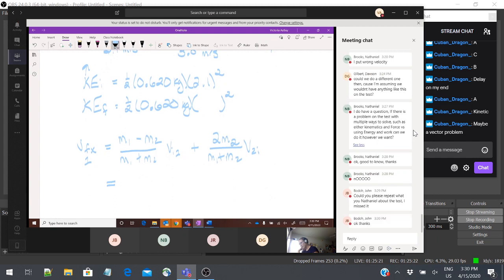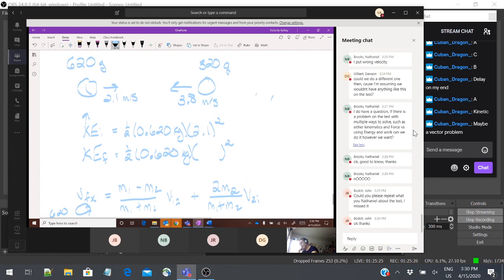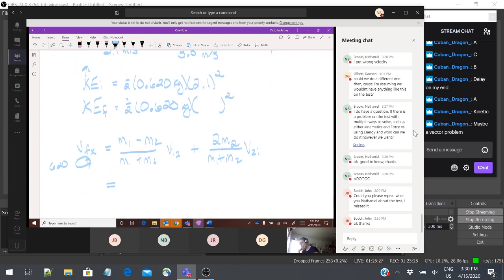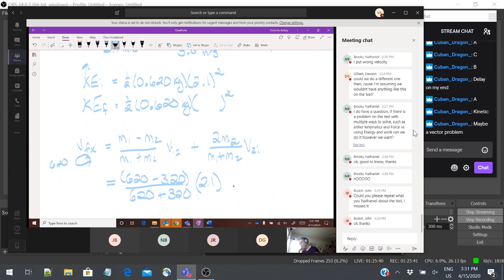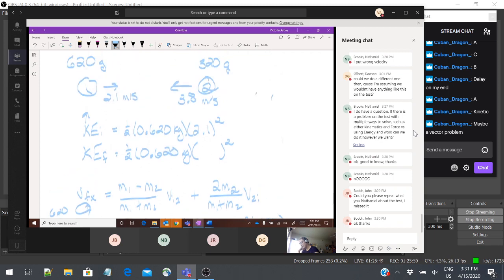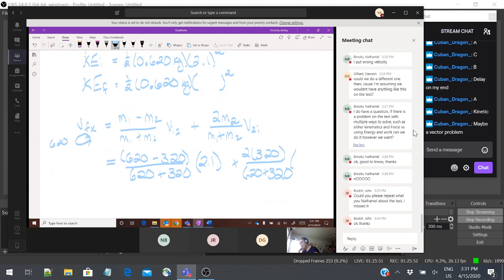Because I have chosen my 620 to be number 1 and my 320 to be number 2, this is 620 minus 320 over 620 plus 320. My V initial is 2.1, plus 2 times my 320 over 620 plus 320. And my V2 initial is negative 3.8.